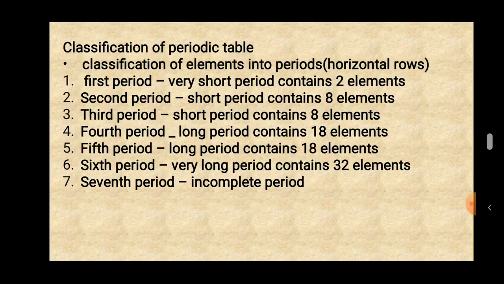I will repeat it again. First period, very short, contains 2 elements. Second and third, short, contain 8 elements. Fourth and fifth, long, contain 18 elements. Sixth, very long, contains 32 elements. And the seventh period is incomplete. So this is the classification of the periodic table based on periods.